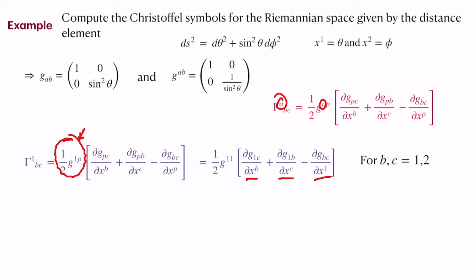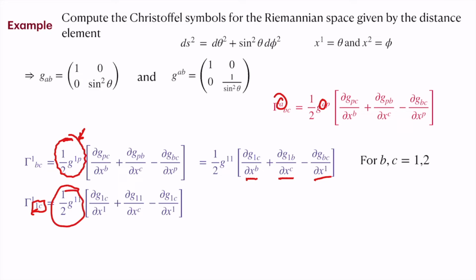Now we see that several simplifications happen. We have to keep an eye on the metric coefficients. Cross terms would not exist. Let us find gamma 1, 1C. B we fix to 1. Then we see that g1C is differentiated with respect to theta, and this is general: g11 differentiated with respect to xC, and then g1C differentiated with respect to theta.